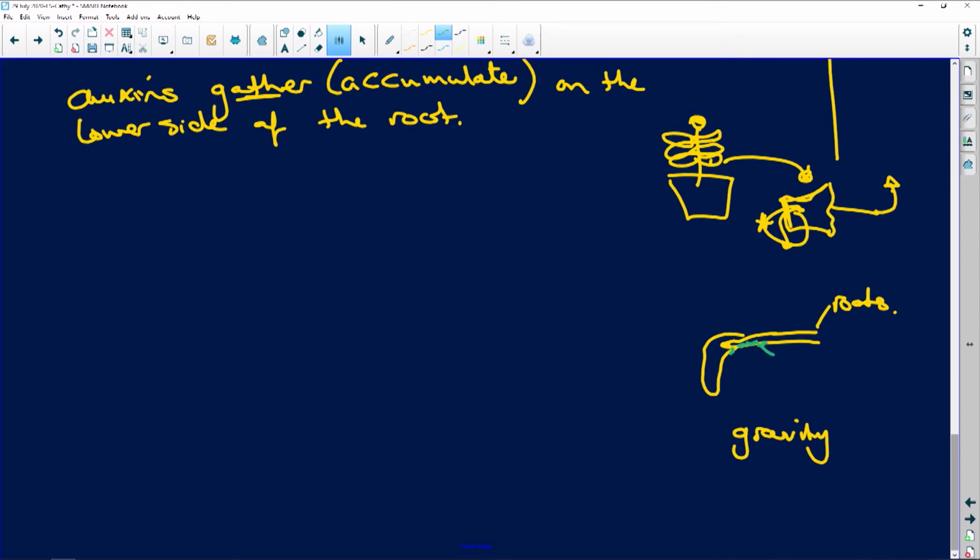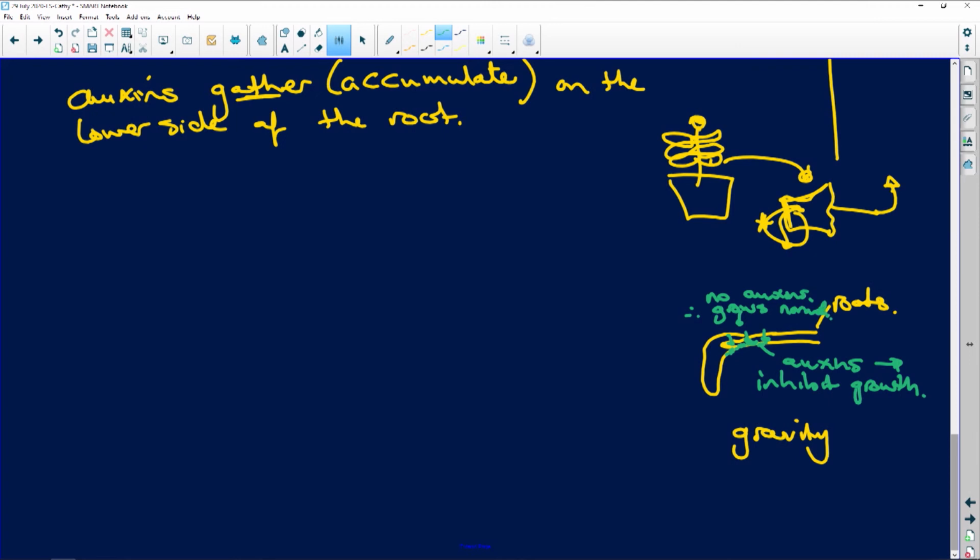And what do they do? They inhibit growth, which means that these cells don't grow. But the fact that the auxins have all moved away here, and they've moved down, means that here there are no auxins. And therefore, it grows normally. Okay, and that's how it works.